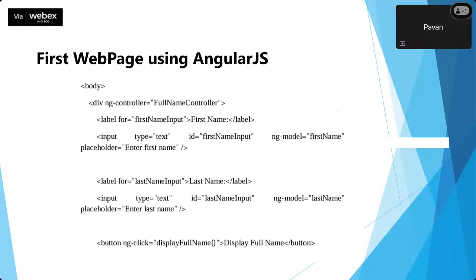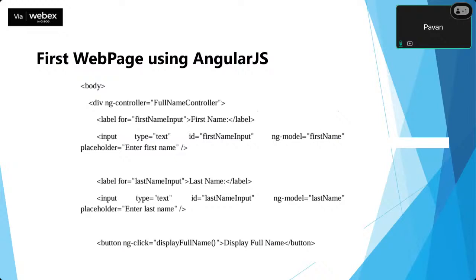So to take the input, we are writing input tag type equals to text. That is, we are taking the input in the form of text, right? So that's why type equals to text. And after that, id equals to first name input.